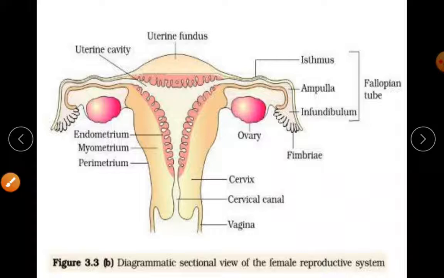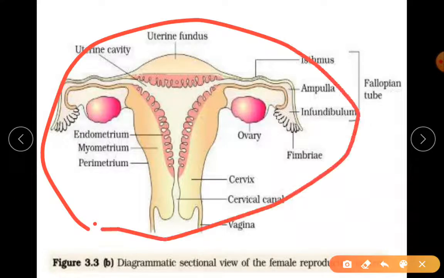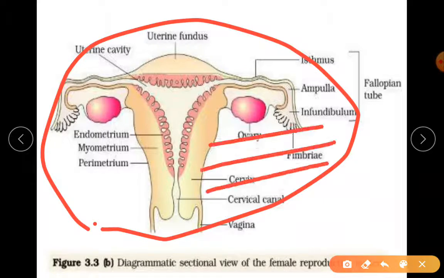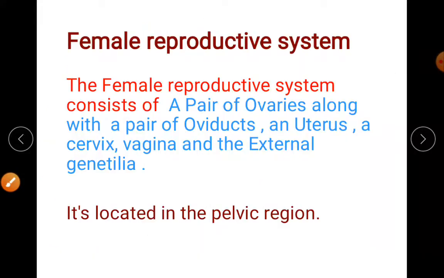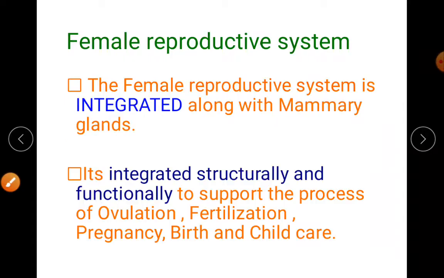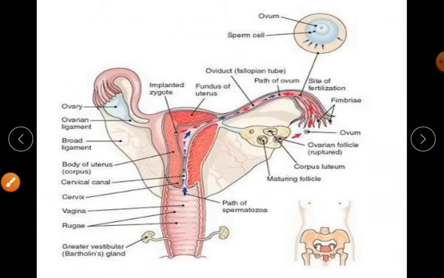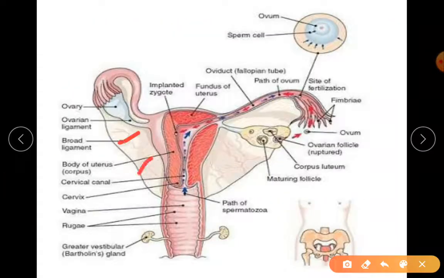Now you should know how they are kept inside the abdominal cavity. Of course, there are some strands, we call them ligaments, which attach to the, let me show you the picture. You can see the ligament that is helping in the attachment to the abdominal cavity.